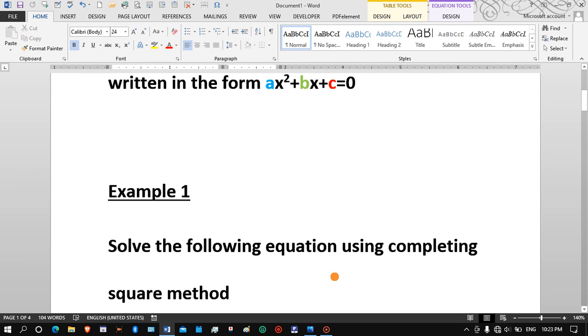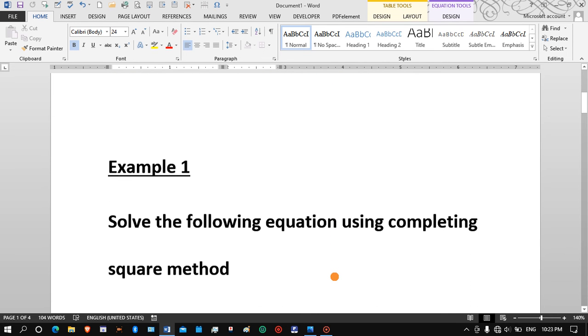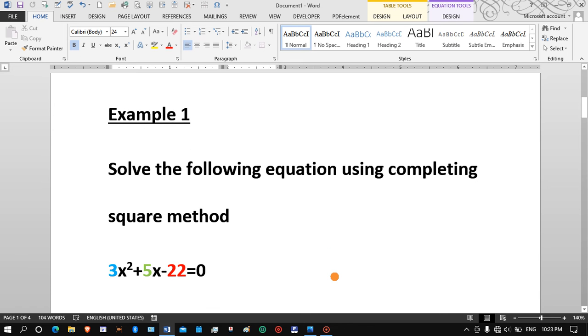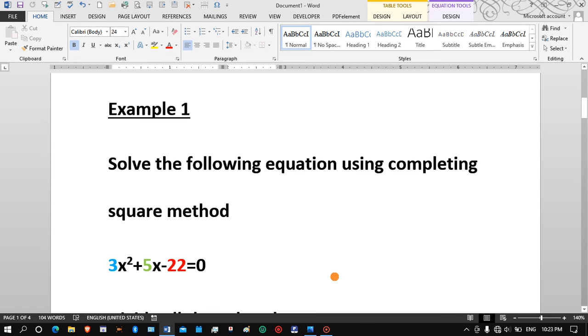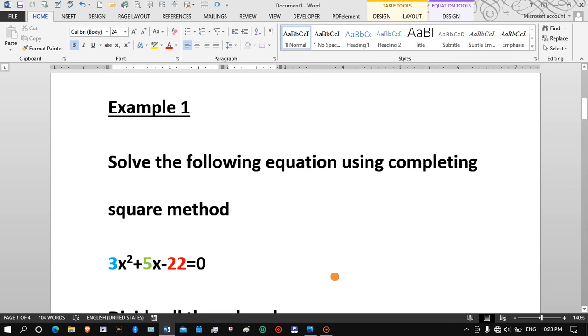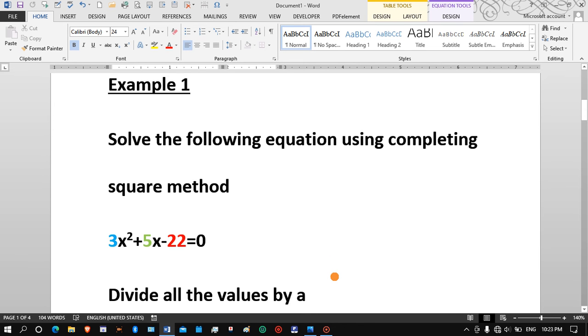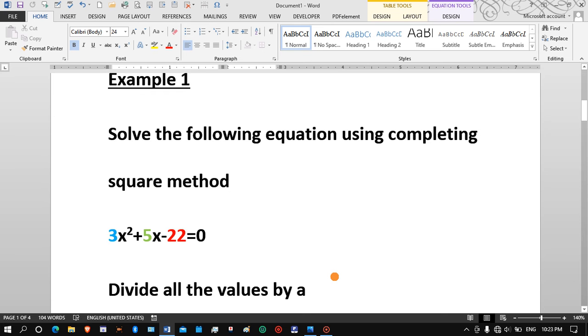You can be given this question. Solve the following equation using the completing square method. 3x squared plus 5x minus 22 is equal to 0. So you realize that 3 is the coefficient of x squared, 5 is the coefficient of x, and 22 is the final term.